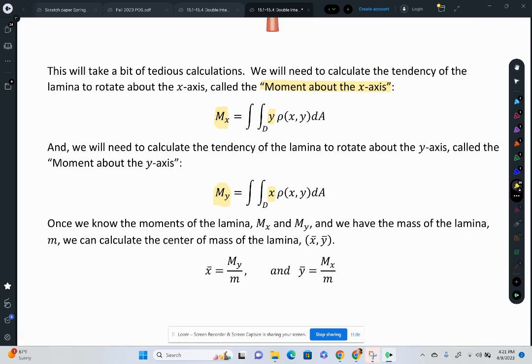Those are the x bar and y bar. So x bar will be the moment about the y-axis divided by the mass, and y bar will be the moment about the x-axis divided by mass. These are formulas that I give you on your formula sheet, so there's no need to memorize them, but you do need to know how to calculate them and what it is you're working with, okay?